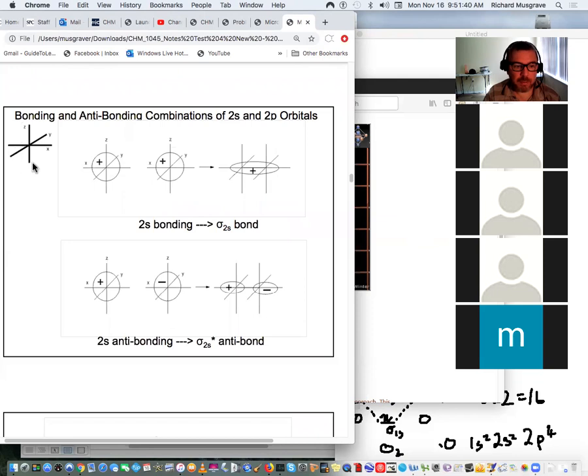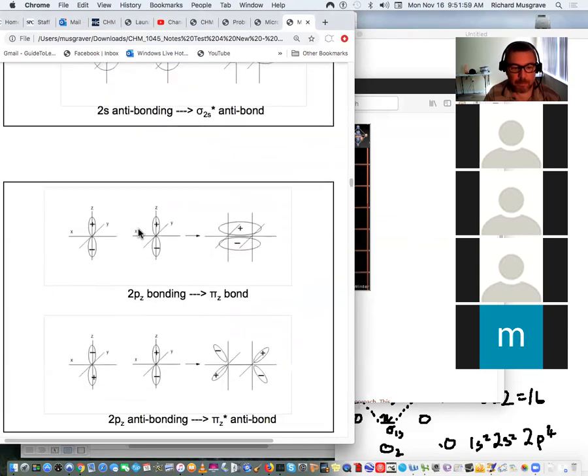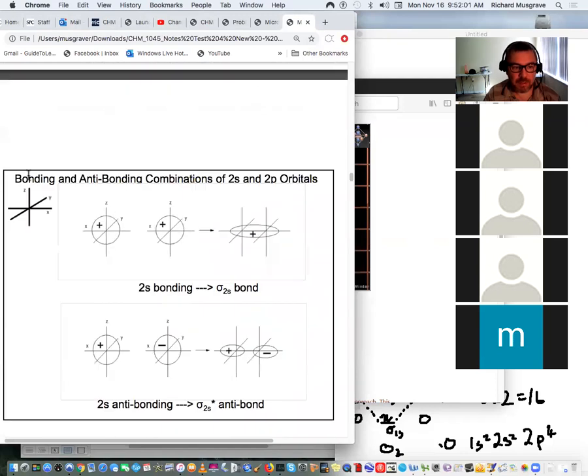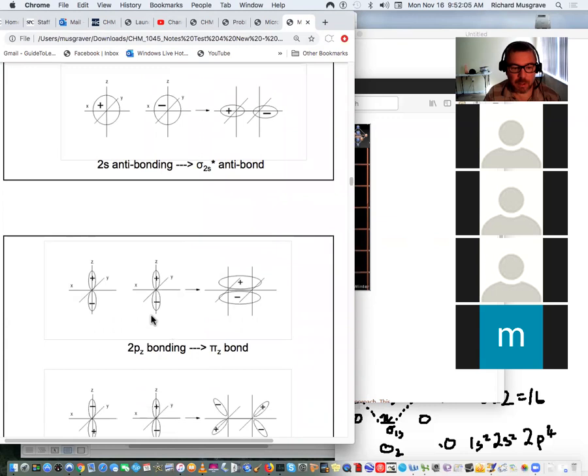Now over here, this is my coordinate system, x, y, and z. X is the line in the plane, z is the up and down line, and y is the one that comes in and out of the screen. So this is a three-dimensional coordinate system that we're dealing with here. If I'm dealing with z, which I'm calling up and down, and we're looking at the combination, this is what a pi bond looks like.